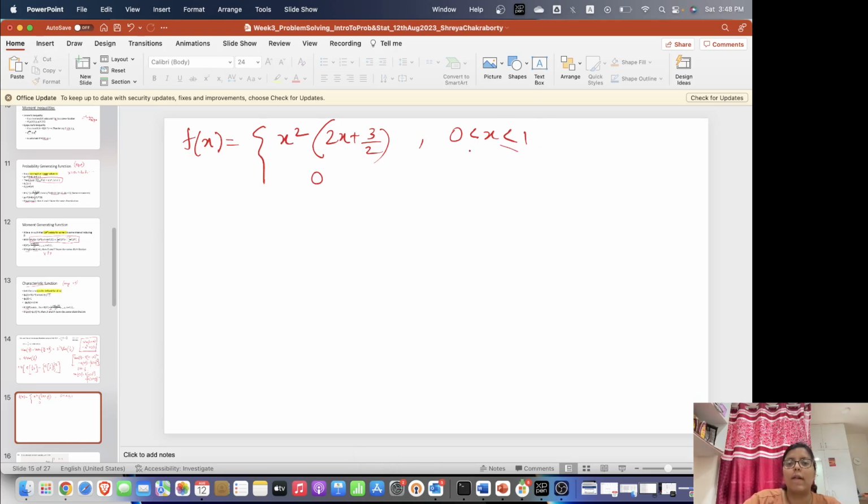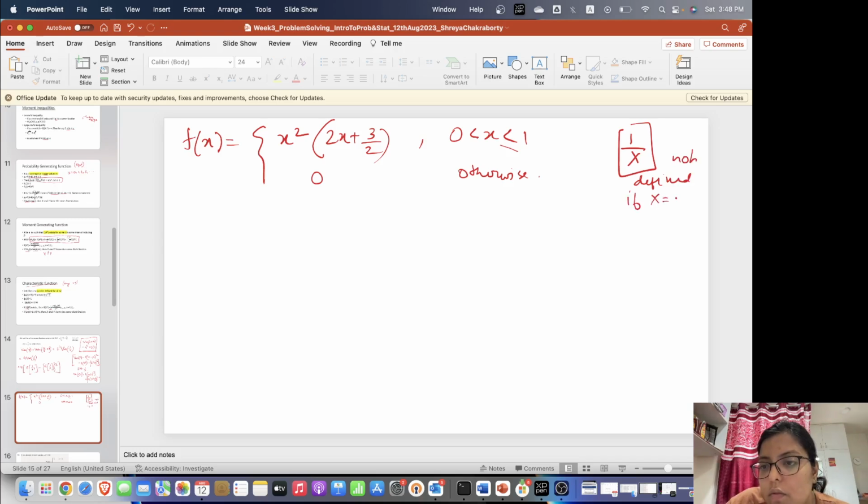0 less than x less than or equal to 1, and 0 otherwise. This function is defined at 0, but I was talking about 1 by x. This mistake is not possible because 1 by x, if x is 0, will not be defined.